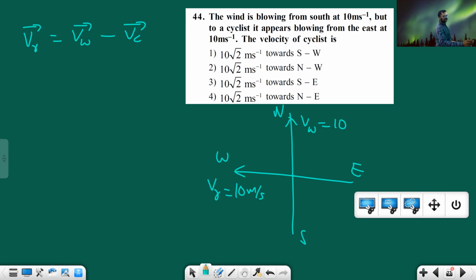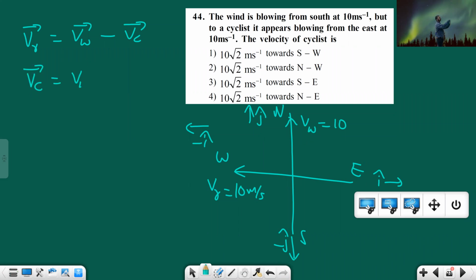East I am taking as I cap, north as J cap, west as minus I cap, south as minus J cap. So now I write VC bar is VW bar minus VR bar.